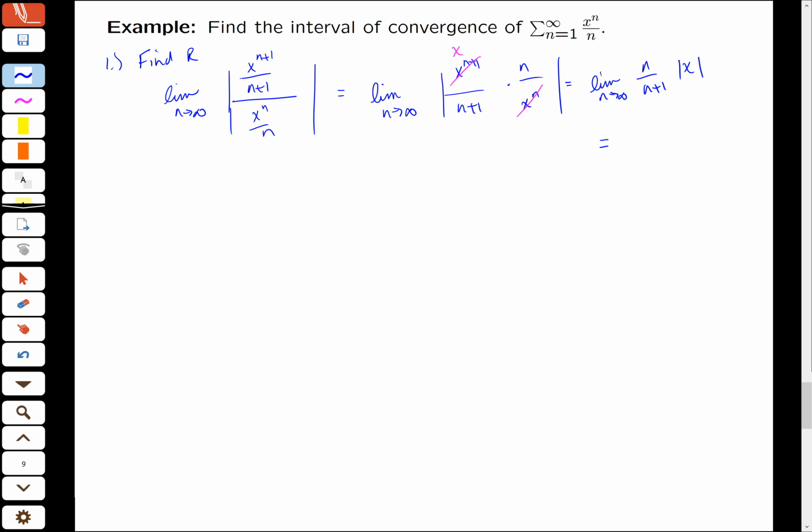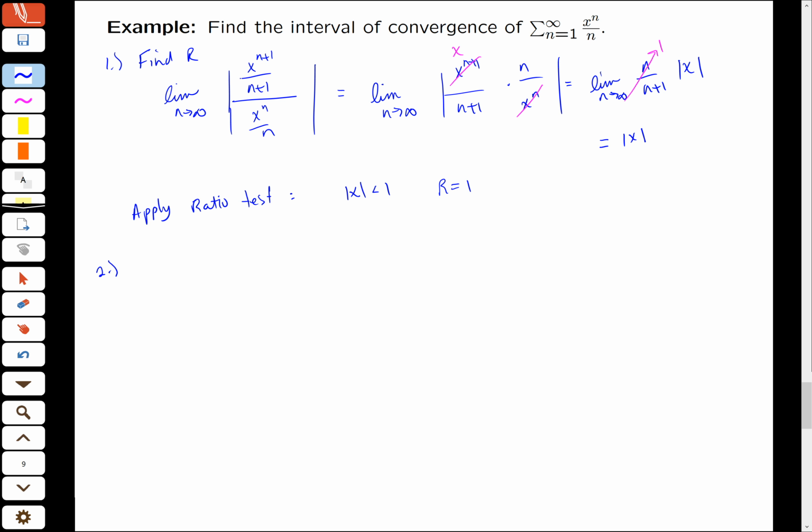So this part right here is going to go to 1. So I get the absolute value of x. Apply the ratio test to get, and we have absolute value of x is less than 1. There's no constants next to x, so I know r equals 1.